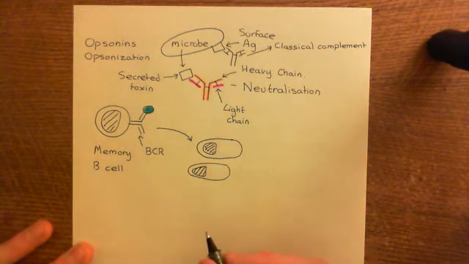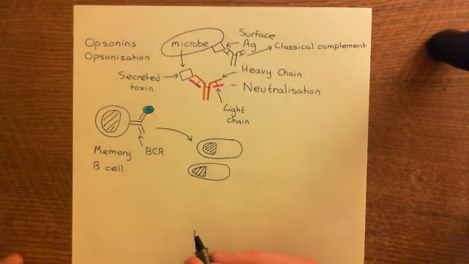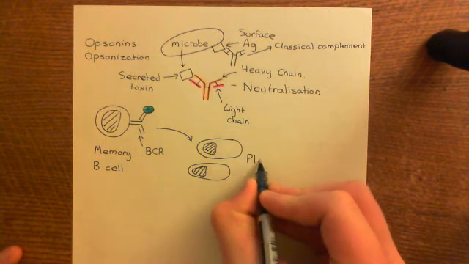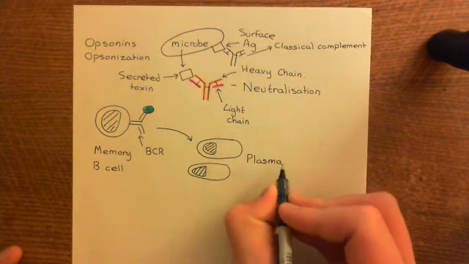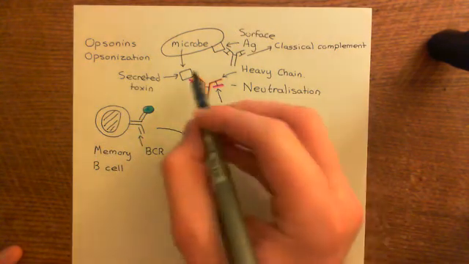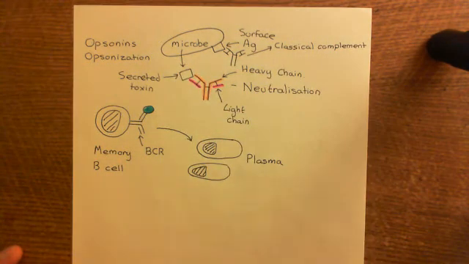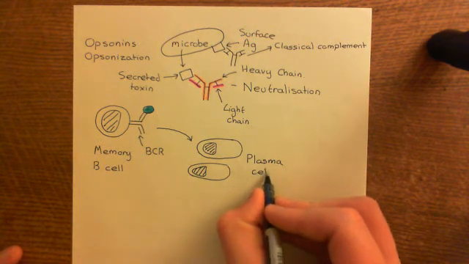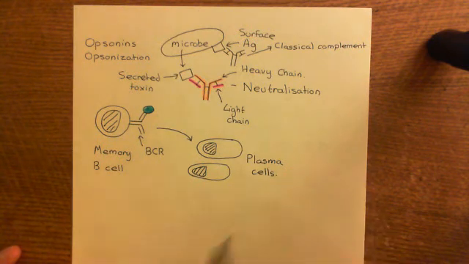This is why, once you've had a certain infection, you're unlikely to get it again: you have memory B cells in your circulation, and as soon as they see the antigen, they activate and produce a whole colony of plasma cells, which will start chucking out this antibody very quickly, and that will lead to the destruction of this microbe much quicker. So that's the role of these memory B cells.